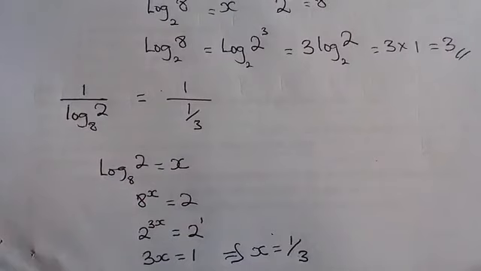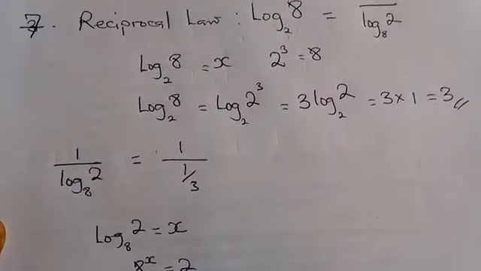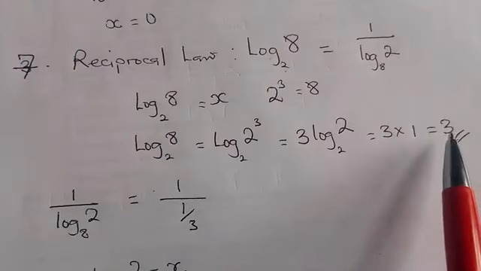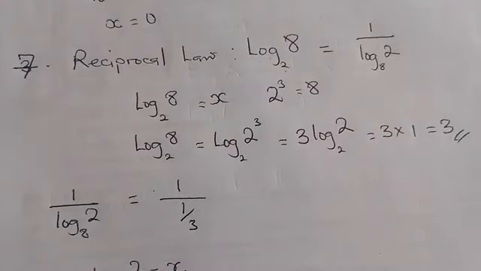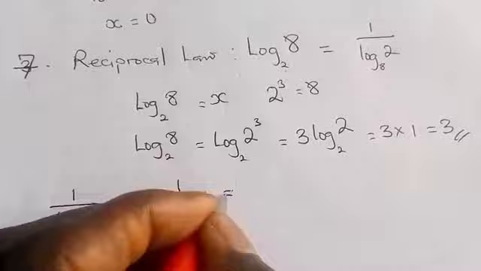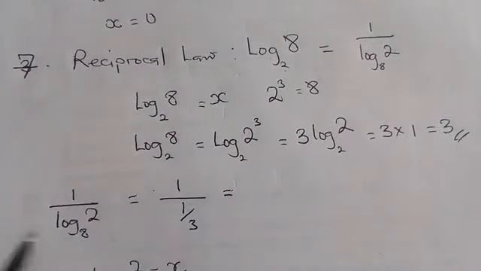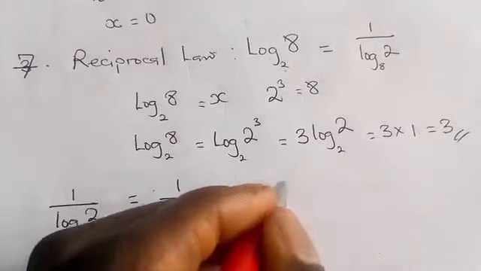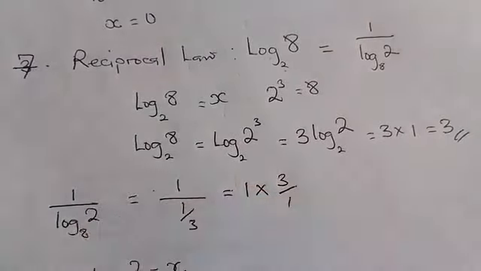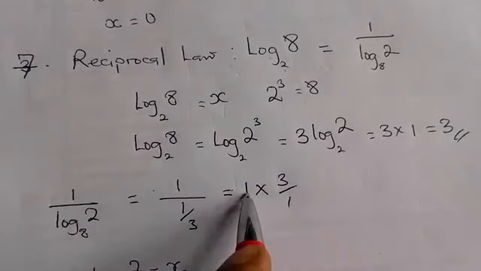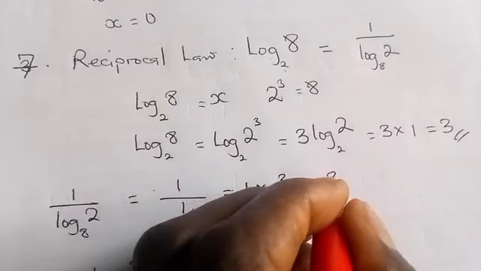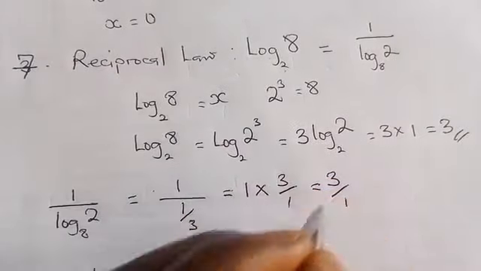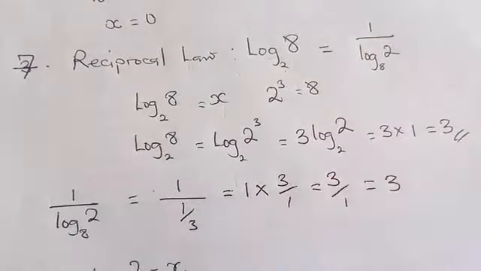So let's continue with the solution to see if we will also get 3 like we did have here. So 1 over 1 over 3, reciprocating this, we are going to have 1 multiplied by 3 will go up, while 1 will come down. And this is 1 times 3 giving us 3, divided by 1, and it's equal to 3.